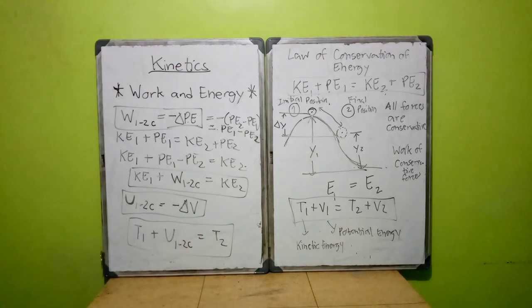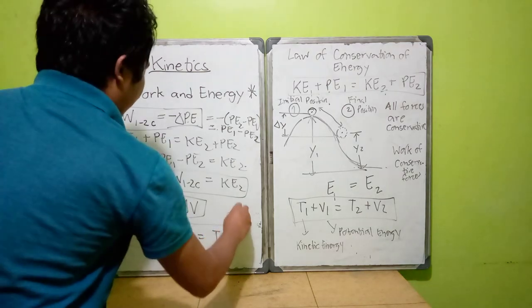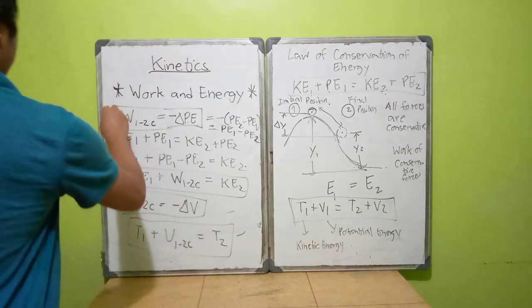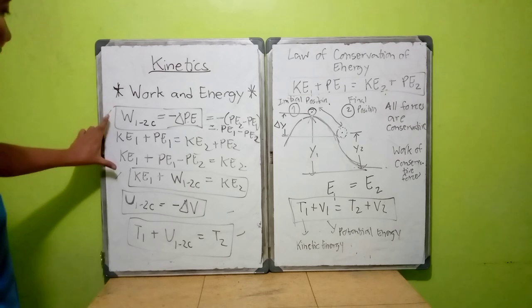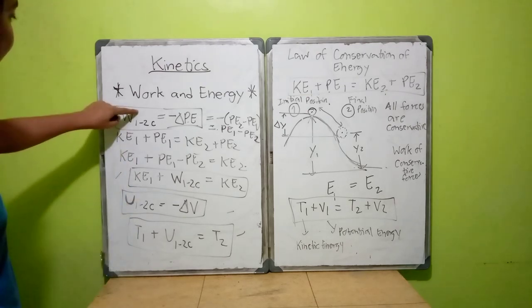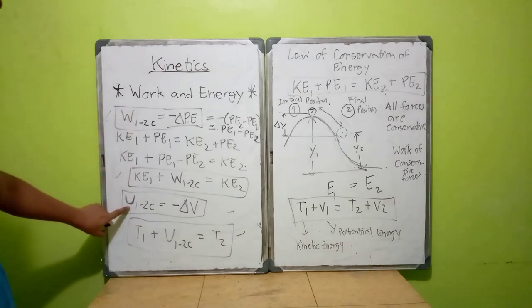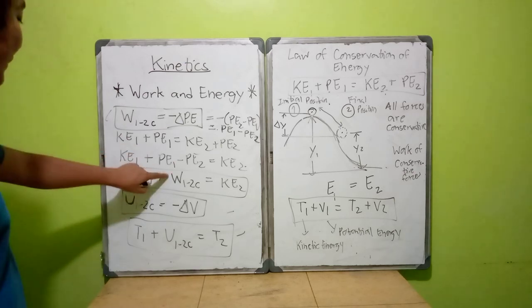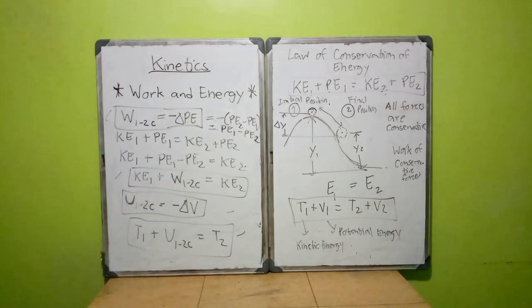You can use any of these two. They just have different denotations, but this formula and this formula are the same, and this formula and this formula are technically the same. I use two different denotations depending on what reference you are using.